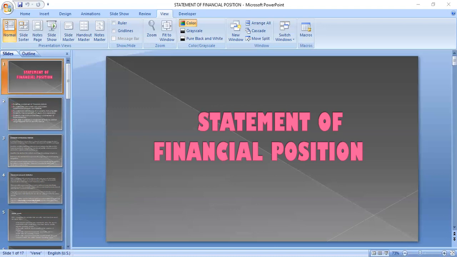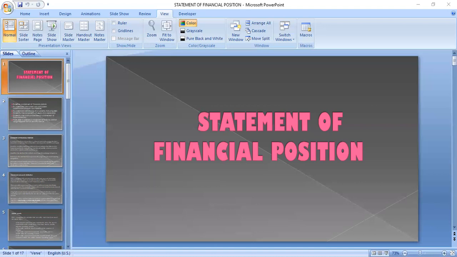The entity holds the asset primarily for the purpose of trading, like merchandising, buying and selling of goods. The entity expects to realize the asset within 12 months after the reporting period, or intends to sell or consume it within the entity's normal operating cycle.